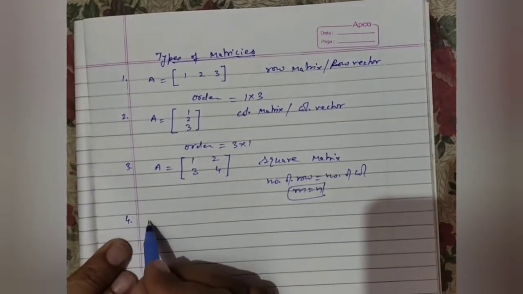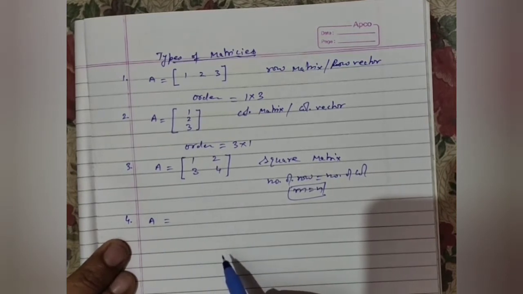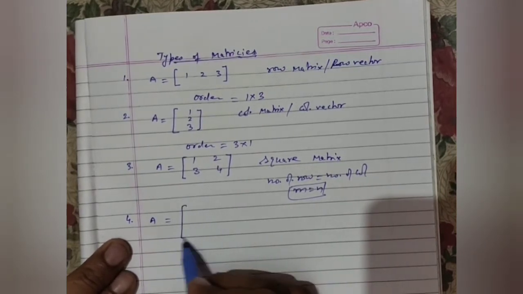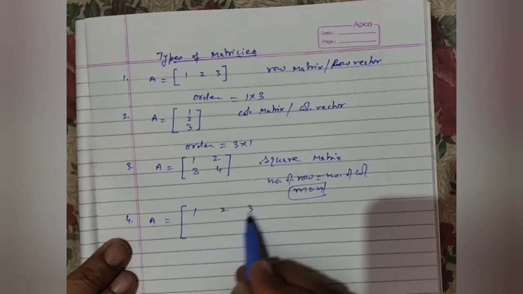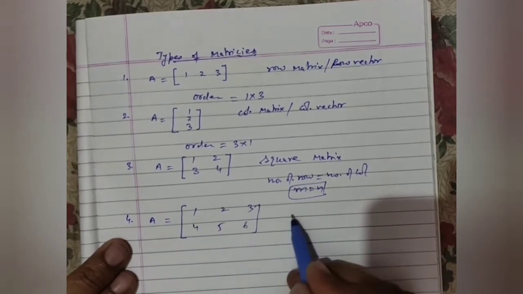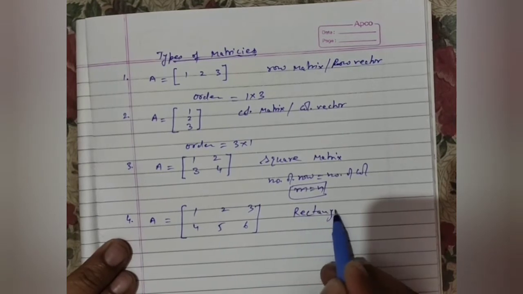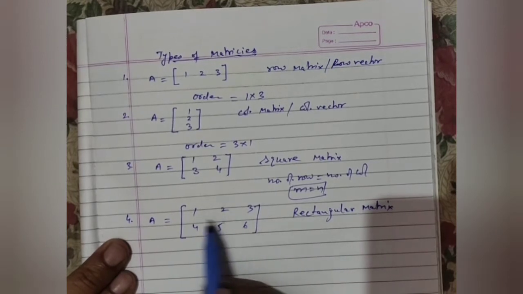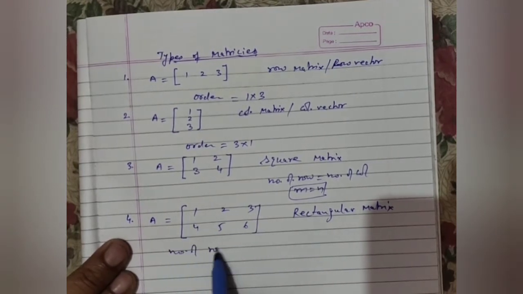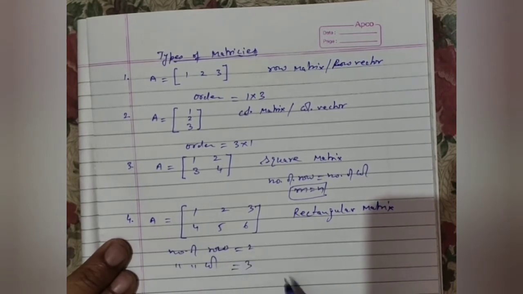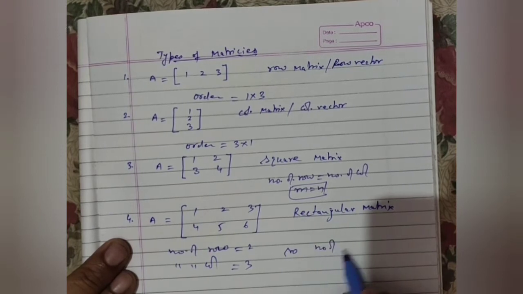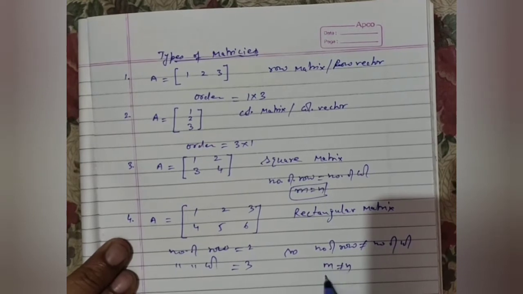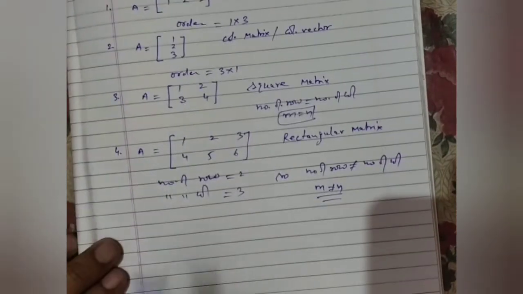Number 4: if a matrix has unequal rows and columns, it is a rectangular matrix. In this matrix, the number of rows is 2, the number of columns is 3, so the number of rows is not equal to the number of columns, m not equal to n. This matrix is called a rectangular matrix.